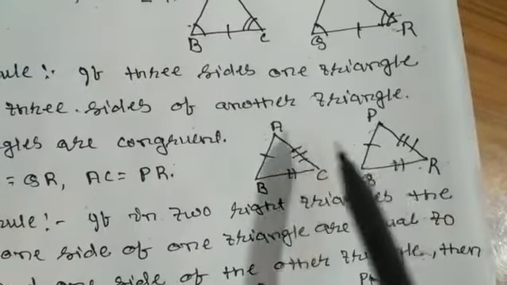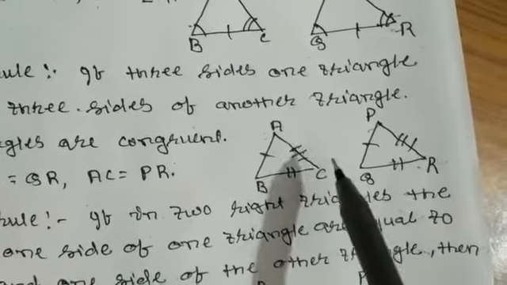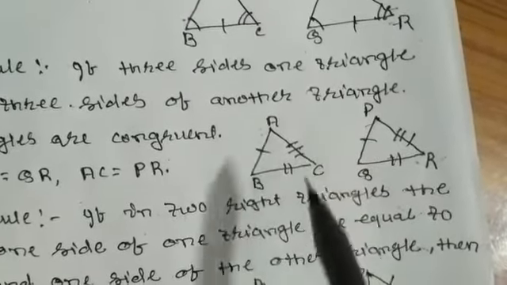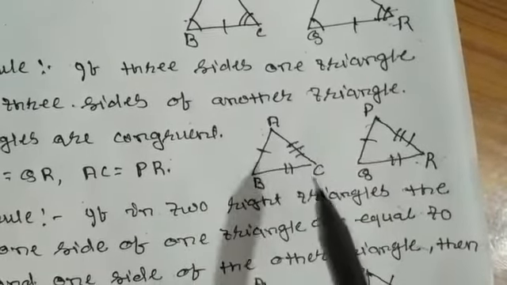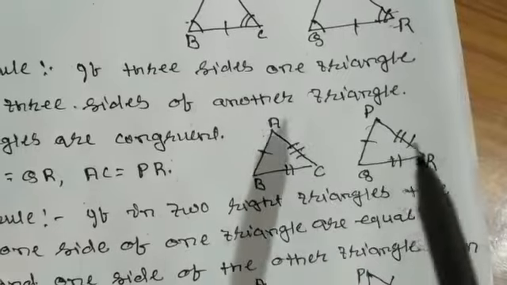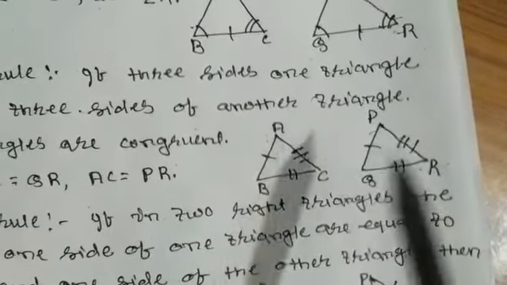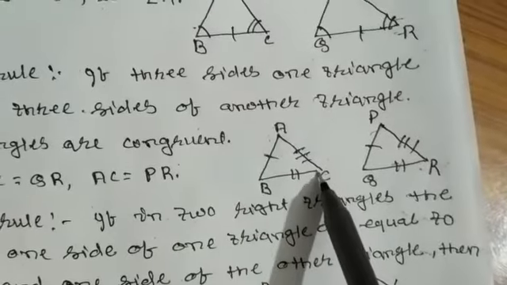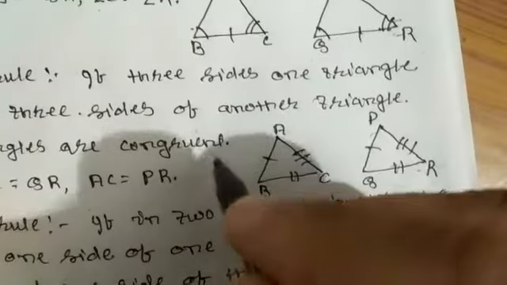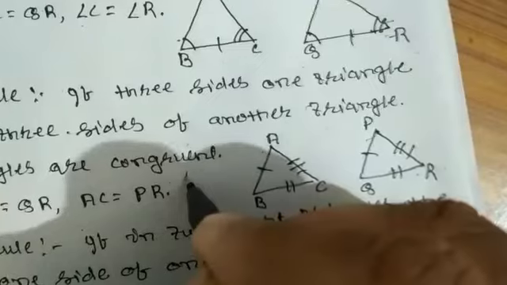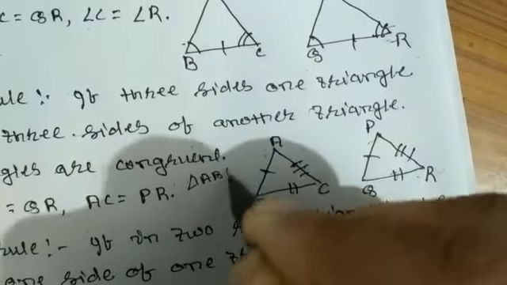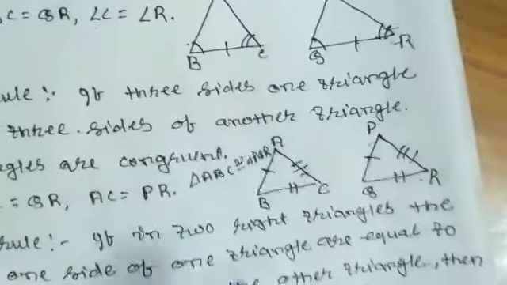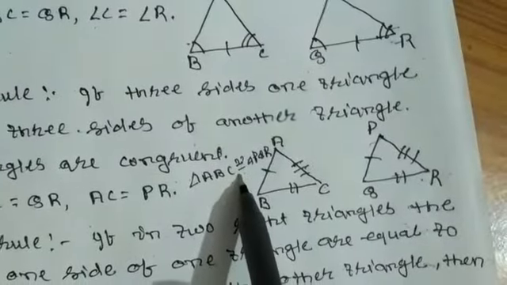So when you write the congruency of triangles in symbolic form, you must take care of the corresponding sides, corresponding vertices, and corresponding angles. So you may write symbolically: triangle ABC is congruent to triangle PQR. This is the symbol of congruency.